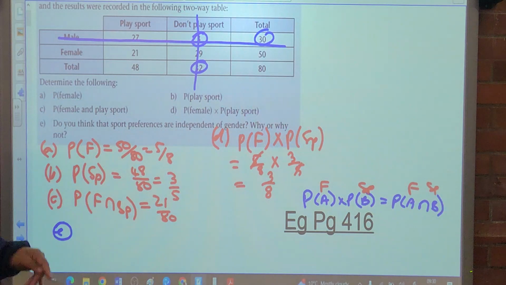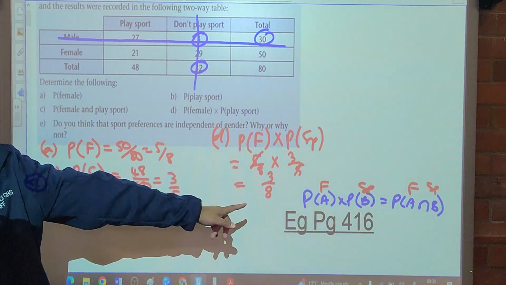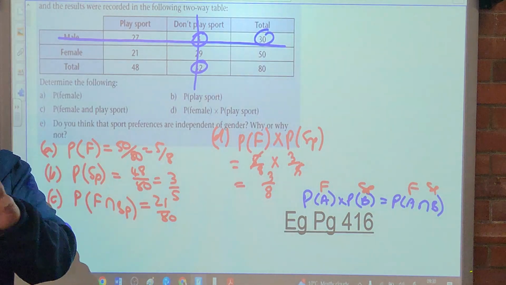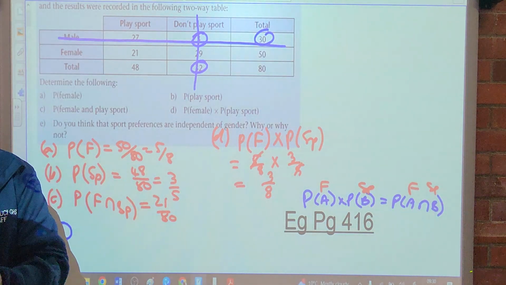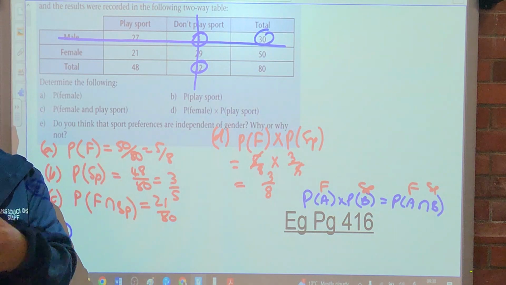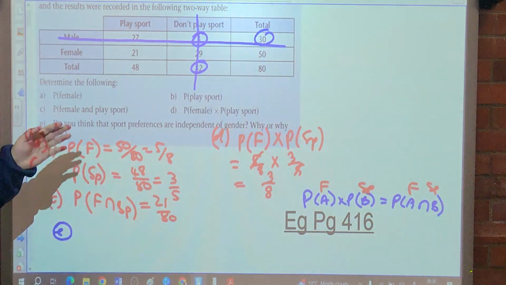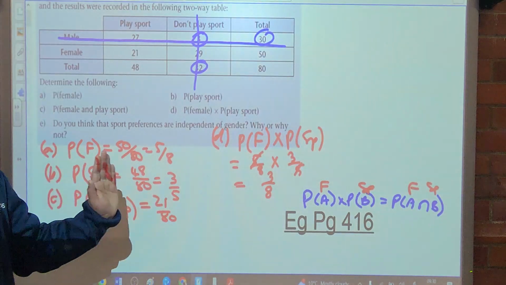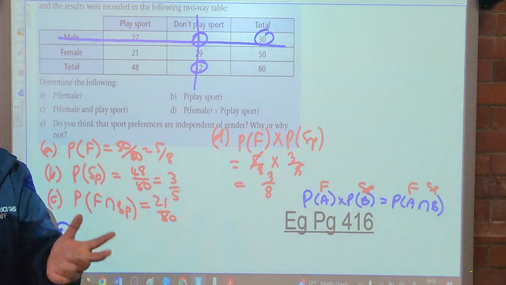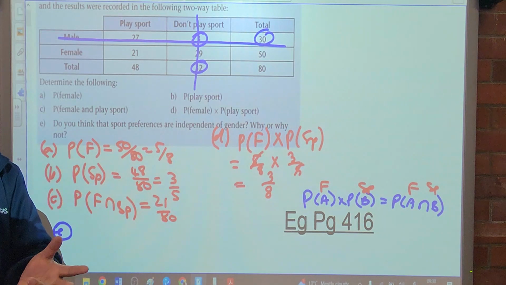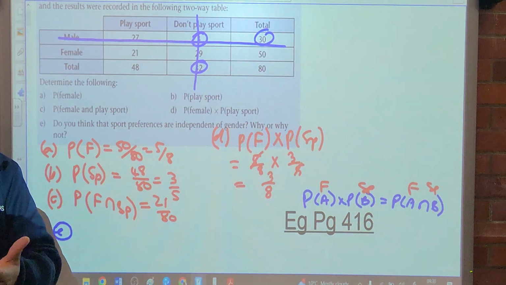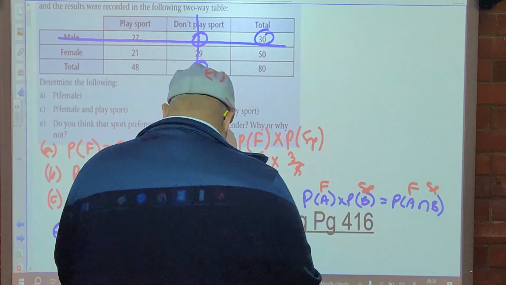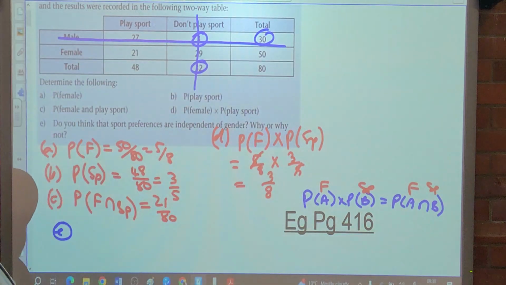If we work this out for female and play sport and it's independent, then that means to say whichever way on the table I calculated, it will remain independent. Conversely, on the other side as well, if we prove that this is the case for female and play sport is dependent or not independent, then any way I work it out will always be dependent. You guys understand? So let's take that into account.